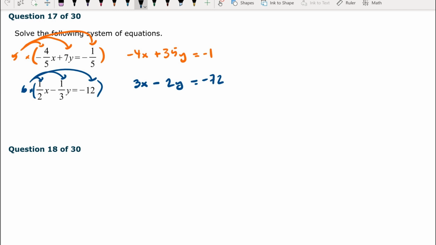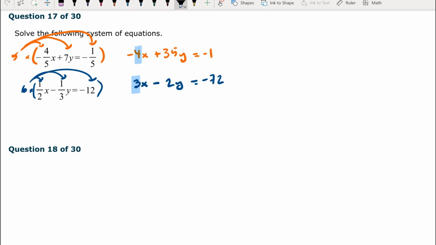Now we're going to solve this by elimination. You can eliminate either x or y. Neither one is easy, so I would say eliminate x. To eliminate x, you need the same coefficient in front of the x.